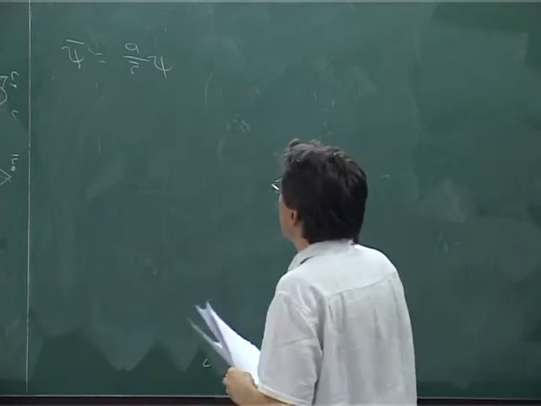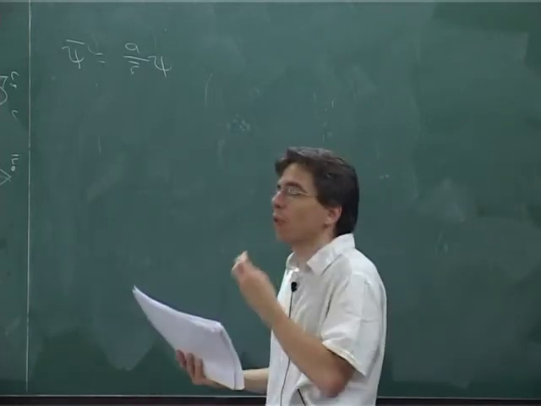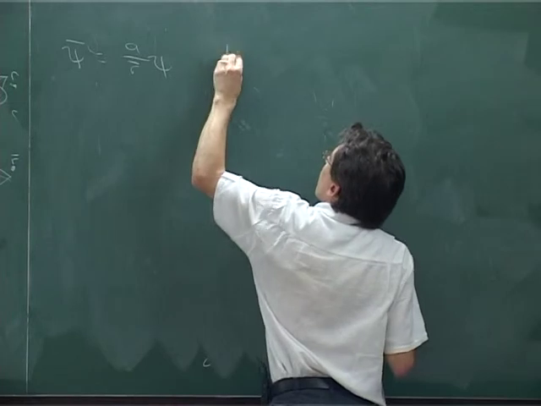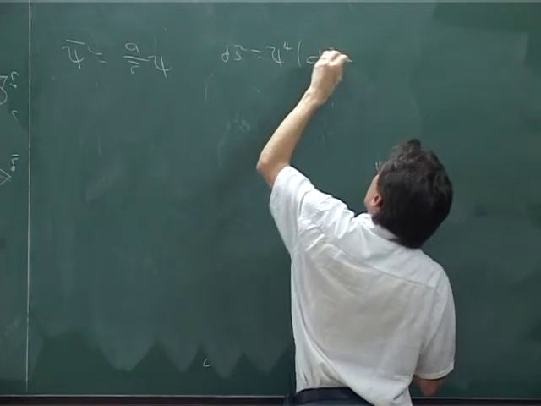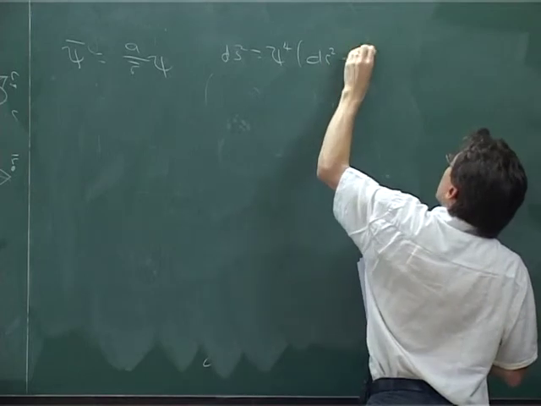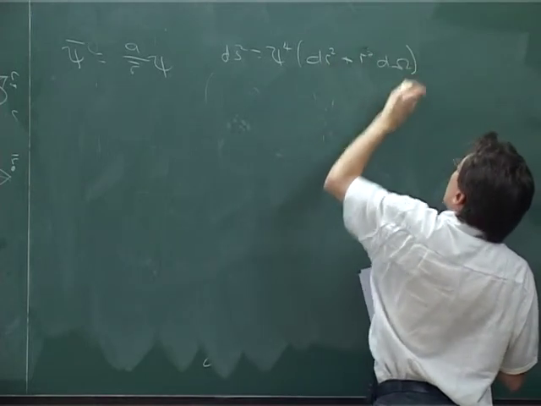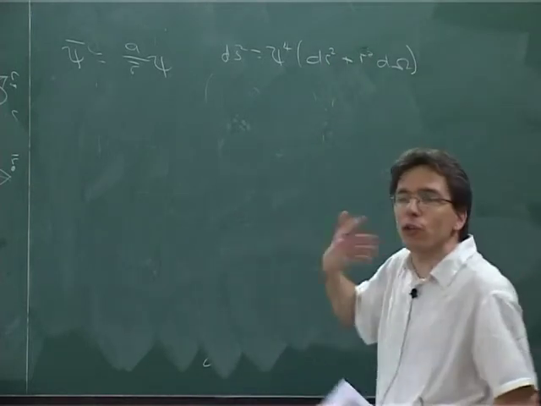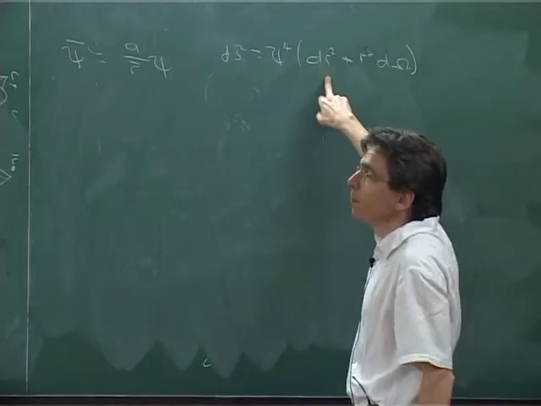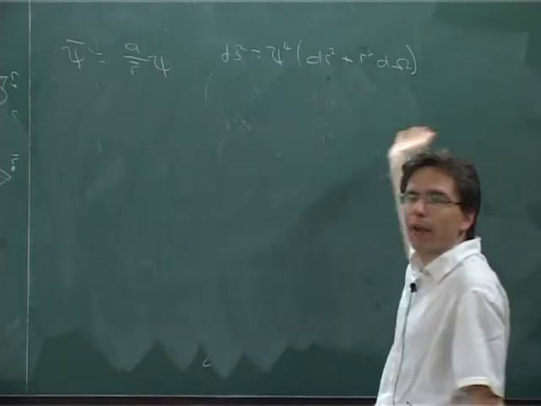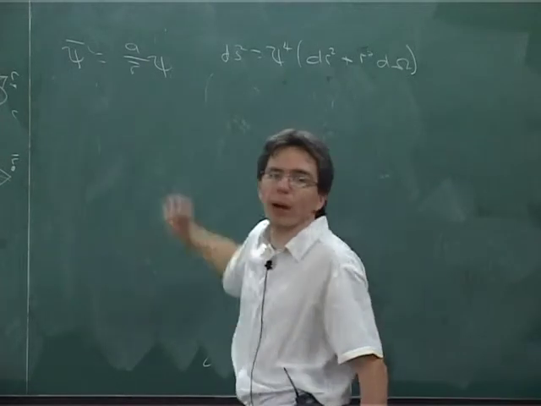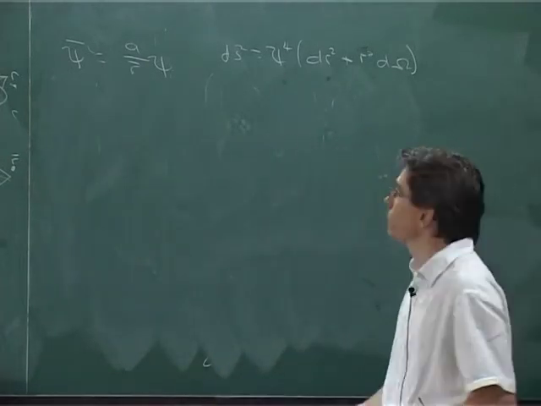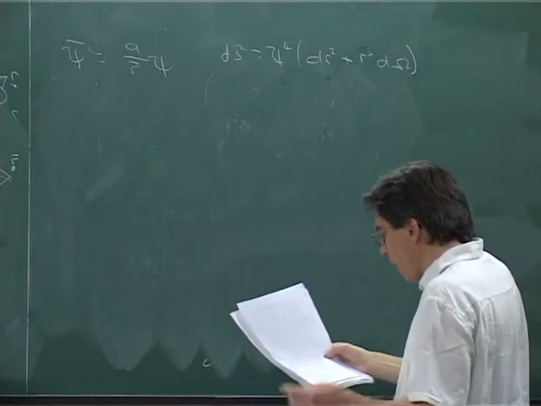You can see this if you just write out the line element and then make your inversion transformation on R. In order for this to be invariant, psi must transform this way, and this will drop out. Okay. So now we write out.